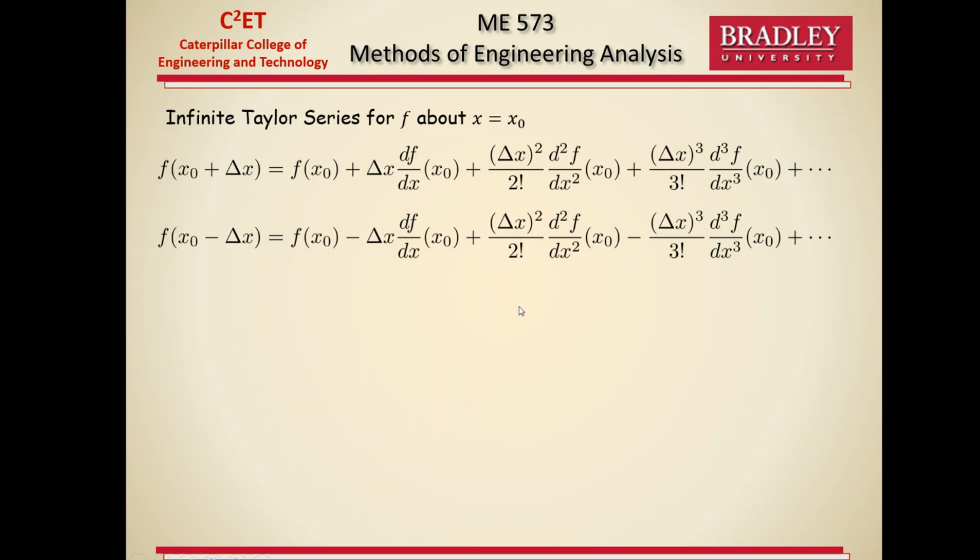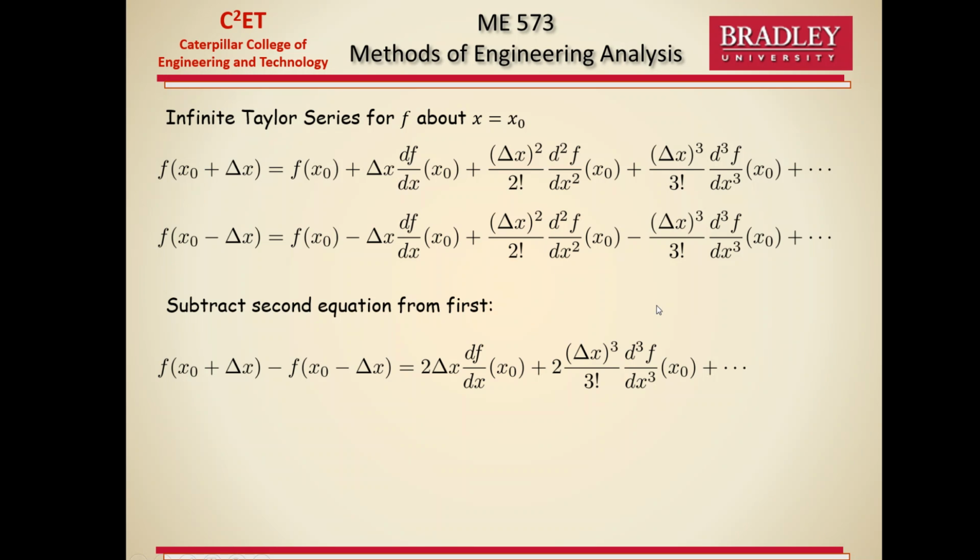Every other term will have a minus sign in it now. So the next thing we do, as it says here, is subtract the second equation above from the first. You simply take the first equation and subtract the second one. That means you take the left-hand side, subtract this equation, and then everything on the right-hand side minus everything on the right-hand side of the second equation.